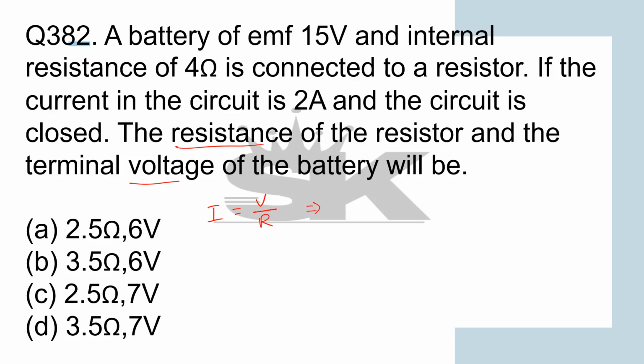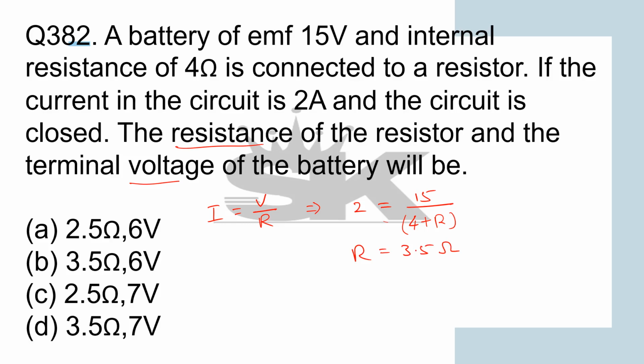I is 2 amps. 2 equals 15 volts divided by the total resistance, 4 plus R. So the answer is R equals 3.5 ohms.